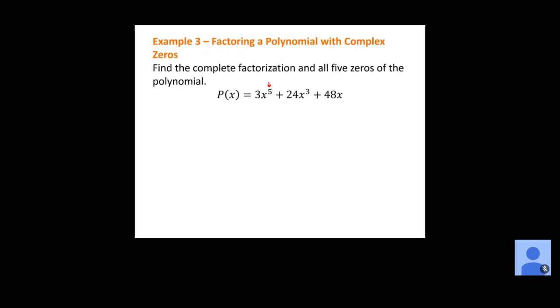All right, so we do have a common factor this time, right? So looking at our numbers here, 3, 24, and 48, those have a 3 in common. And then x to the 5th, x cubed, and x have an x in common. So we can factor out a 3x. Good. If we do that, what's going to be left over then?